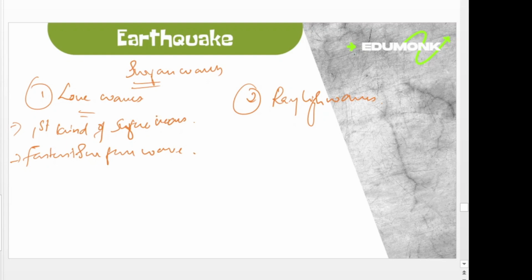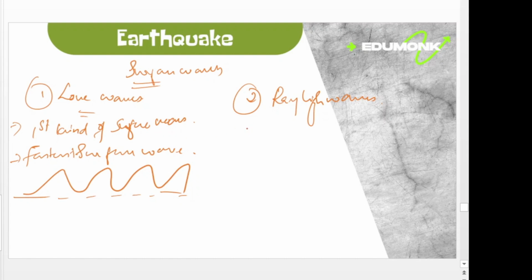It moves from side to side, or otherwise we can say it moves like a wavy structure or snake kind of pattern. This wave is known as Love waves. Then we are moving to Rayleigh waves.